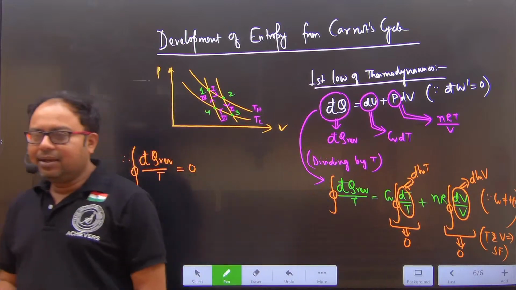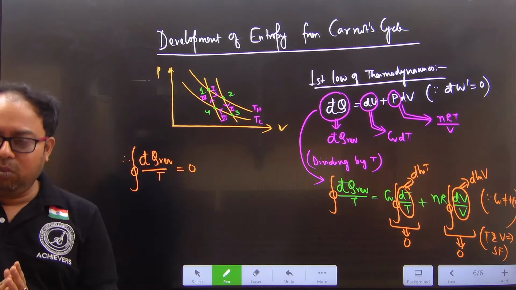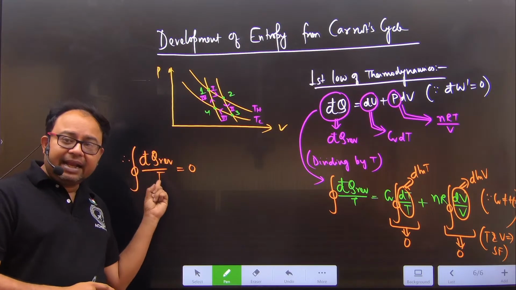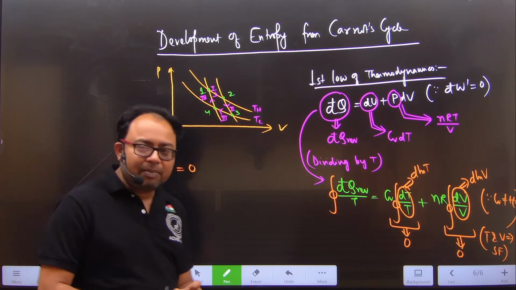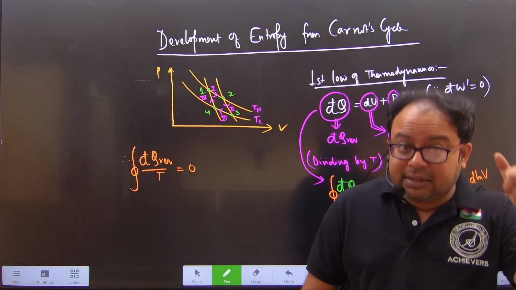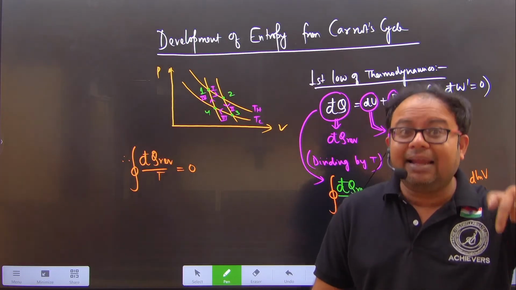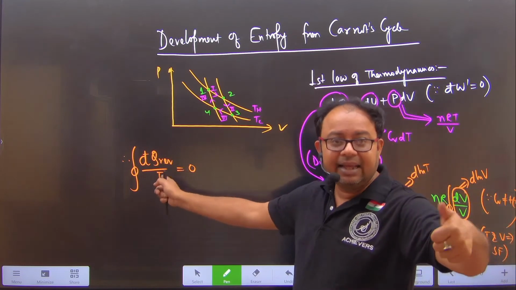Now students, q reversible is a path function. Heat is a path function. But d cut q reversible by T is developing a sense of a state function. Why? Because the cyclic integral of d cut q reversible by T is reduced to 0.